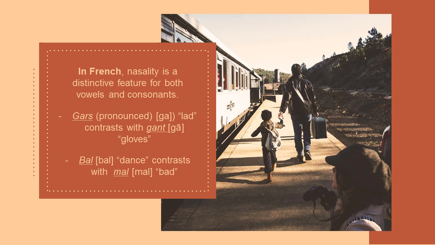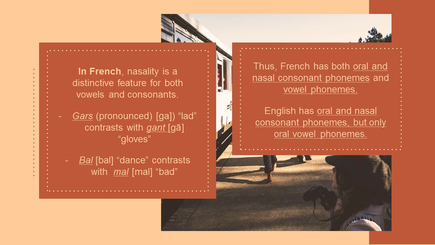And the second example is bal, which means dance, and contrasts with mal, which means bad. So French has both oral and nasal consonant phonemes and vowel phonemes, but English has oral and nasal consonant phonemes, but only oral vowel phonemes.